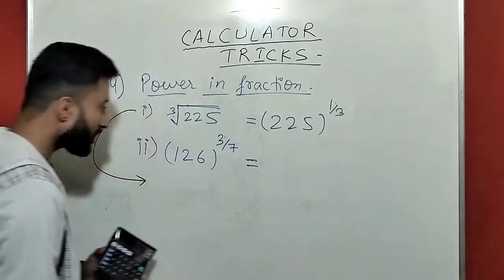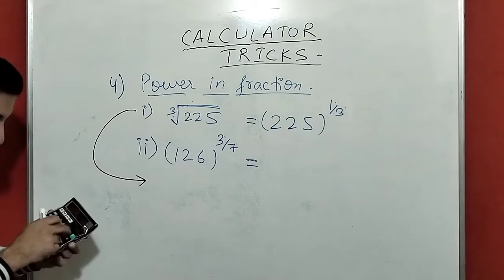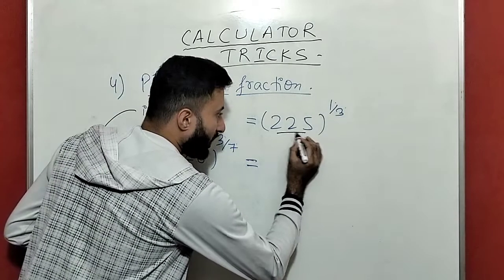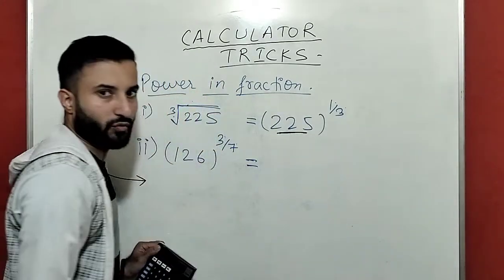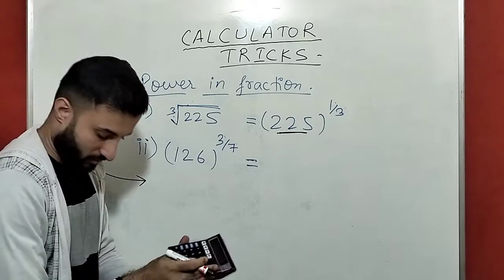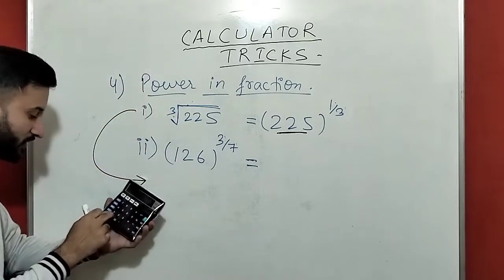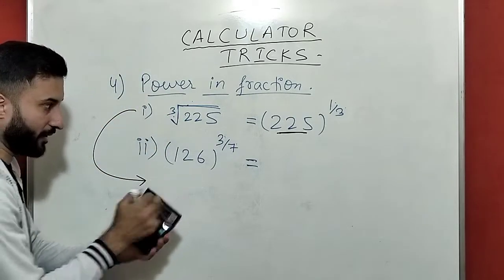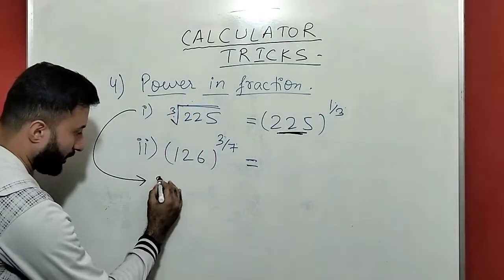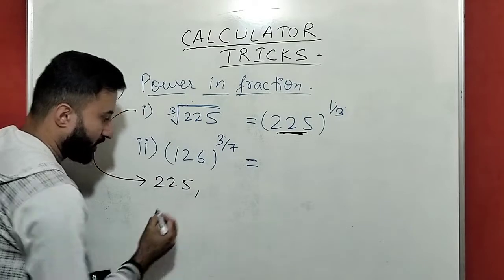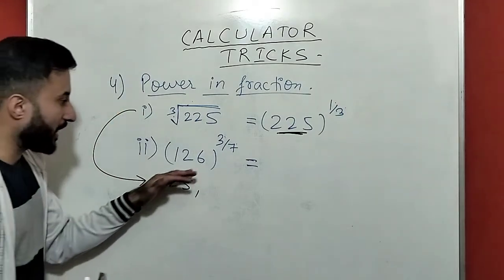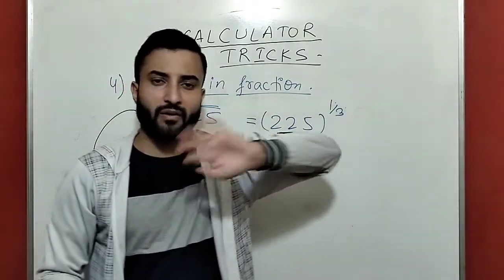Now what we are going to do is, whatever number we have to find, we have to find 225. So the first step is to type 225 in the calculator. This works for any power in fraction, whatever you take, as long as the power is in fraction.